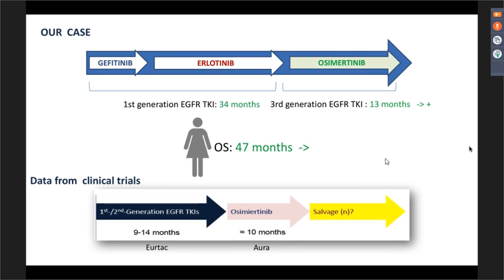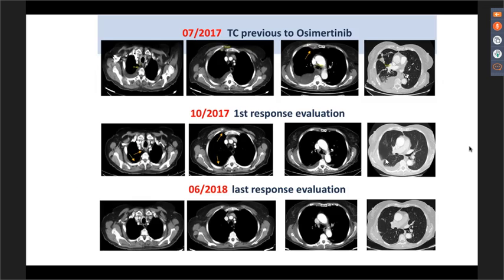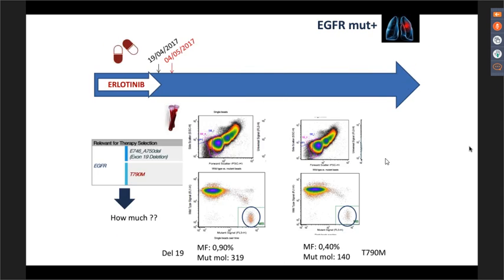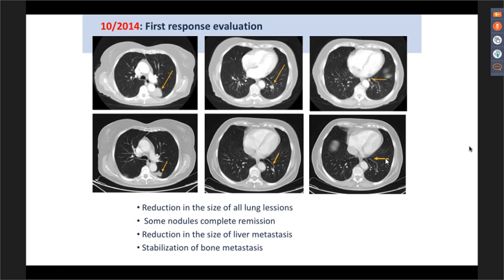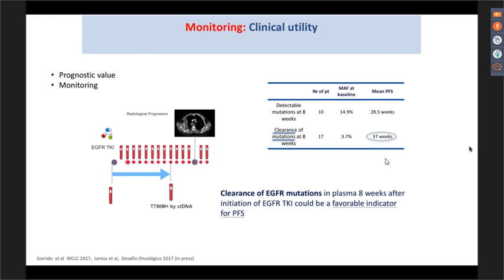The title of your slide was about clinical utility of monitoring, I think. Yeah, so here you speak about a difference of like 12 weeks of progression-free survival. What about overall survival? Because sometimes in the clinical trials they look always at the endpoint.